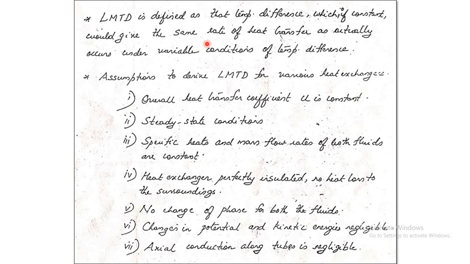That temperature difference is called LMTD. It's a constant temperature difference throughout the heat exchanger, which gives the same rate of heat transfer as actually occurs at varying conditions of temperature. So we are taking some assumptions for the derivation of LMTD.